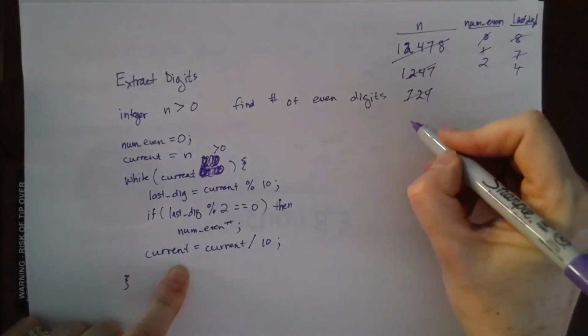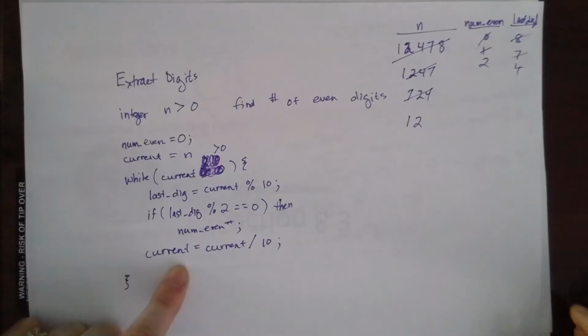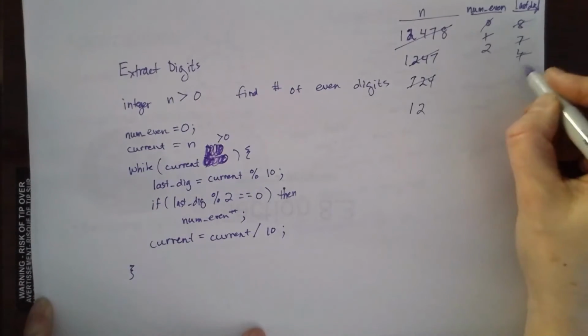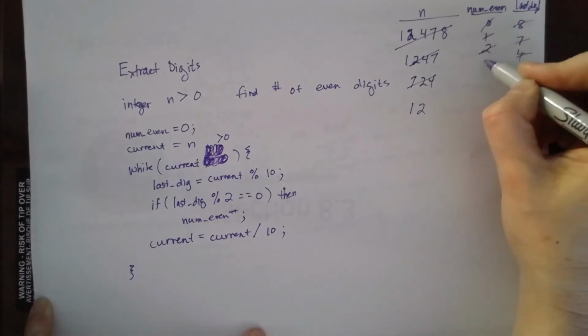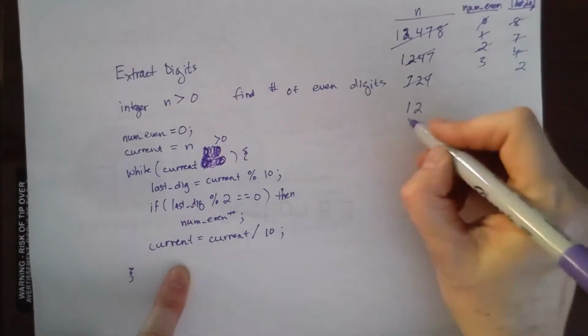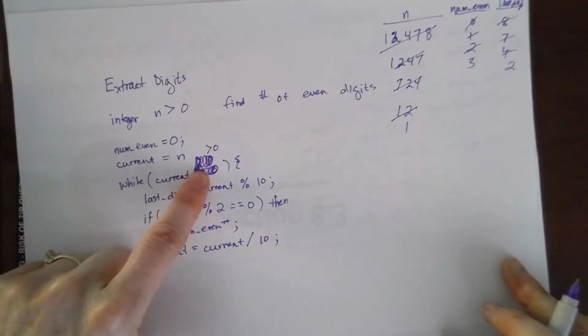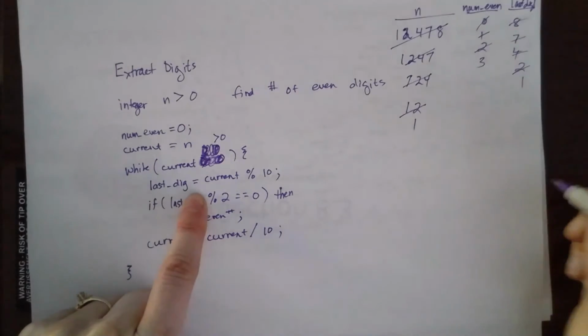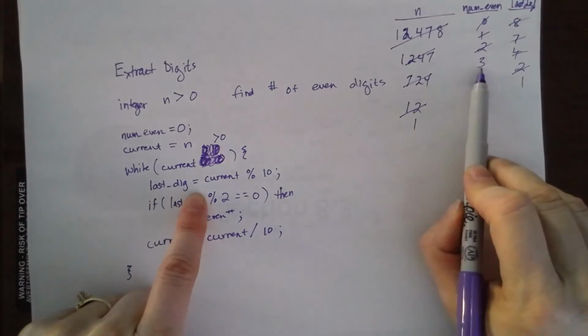Current becomes 1, 2. That's still bigger than 0. The last digit of that one is 2. That one's even, so that one will count. Come back, current becomes 1. That's still bigger than 0. The last digit of that is 1. That one's not even, so we won't count it.